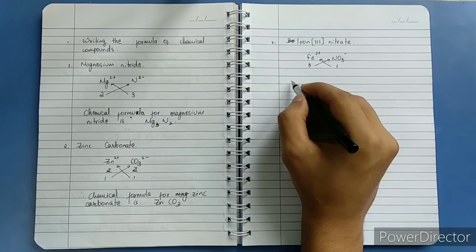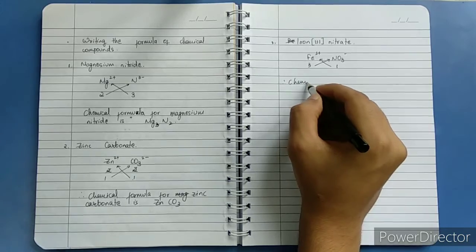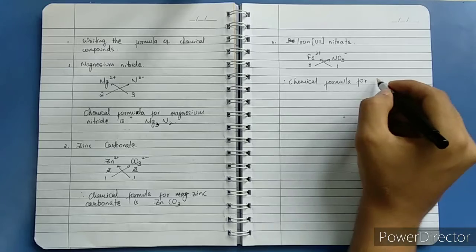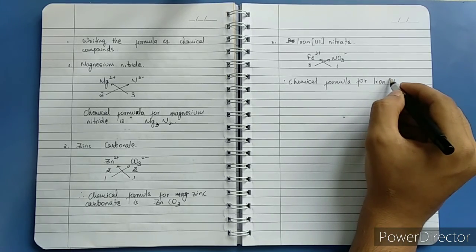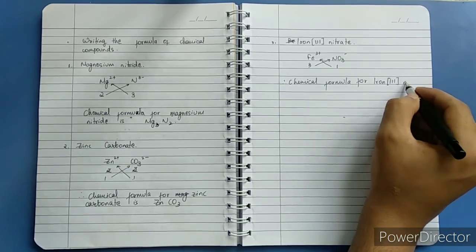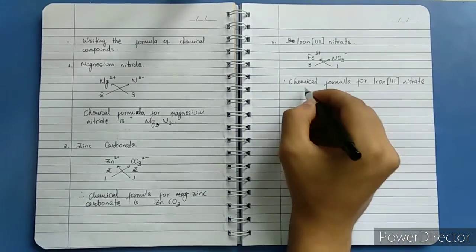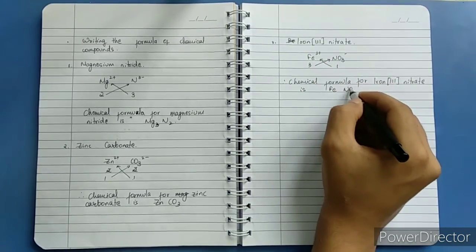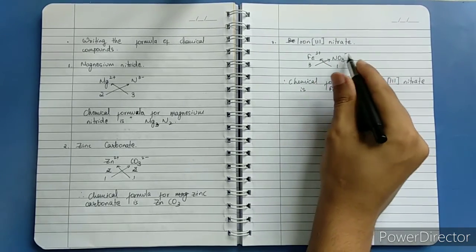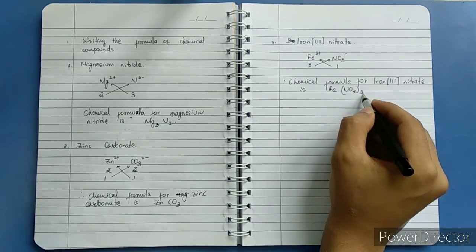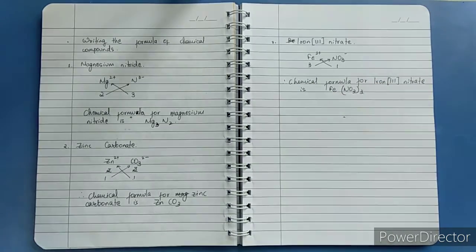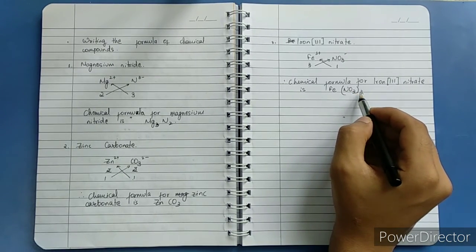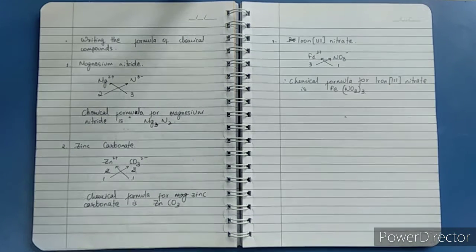So the chemical formula for iron 3 nitrate is Fe, 1 comes, and NO3 we have 3. So NO3 is a radical, we place a bracket and then we write the number of radicals that are there. So there are 3 NO3 radicals, so that's why we write NO3 in brackets, and outside the bracket we have 3.